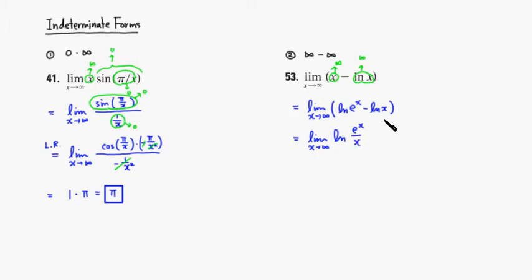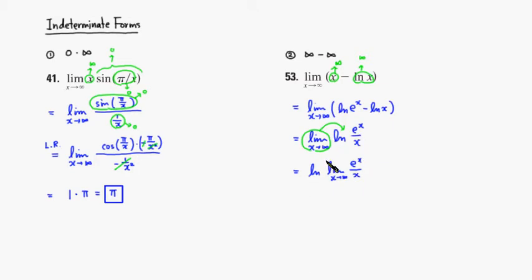Then we can bring the limit inside the natural log, because the natural log is a continuous function. So you have a natural log, then you have a limit as x approaches infinity of e to the x over x.